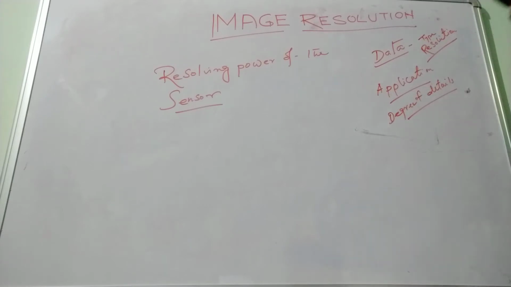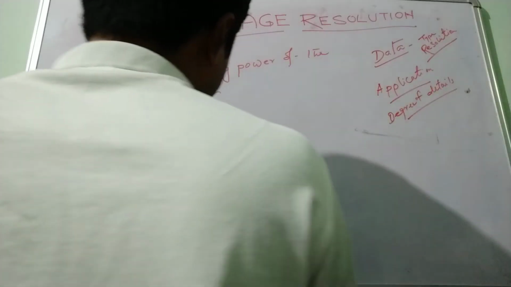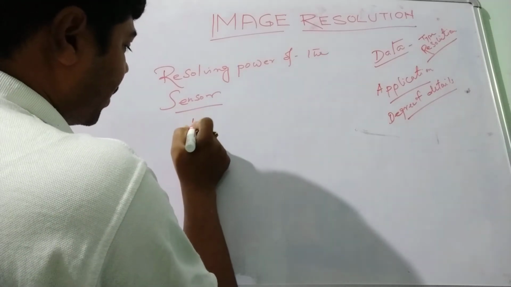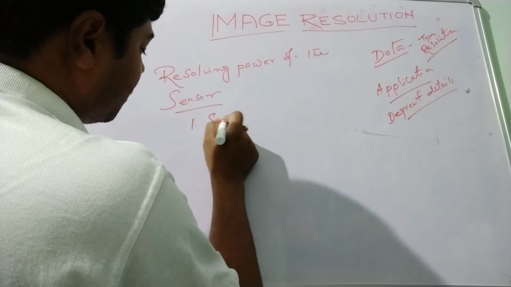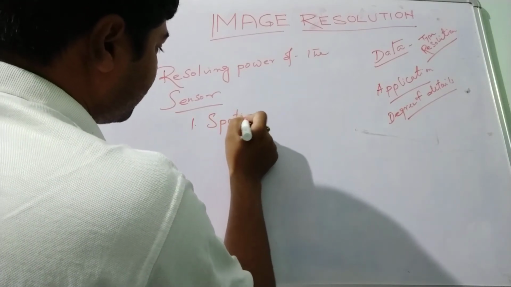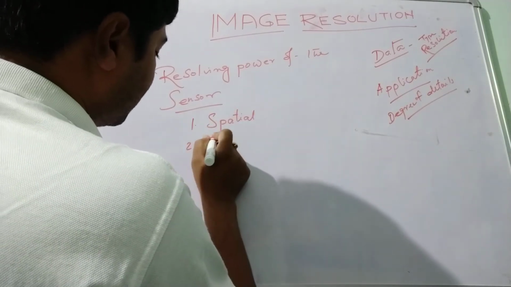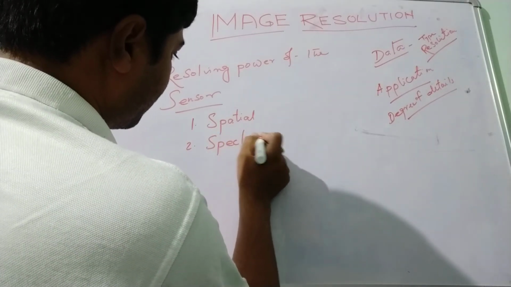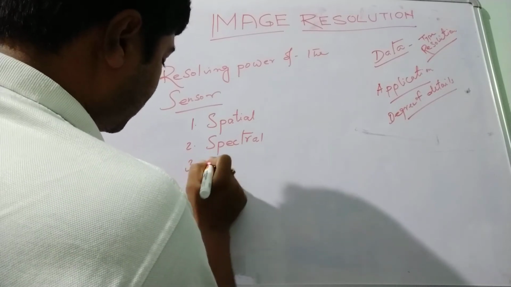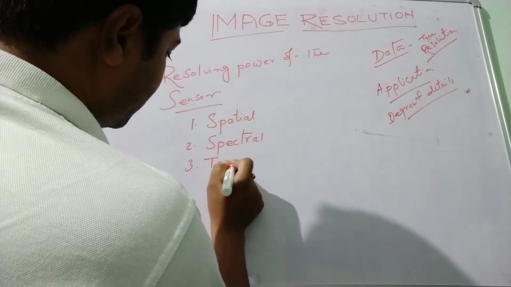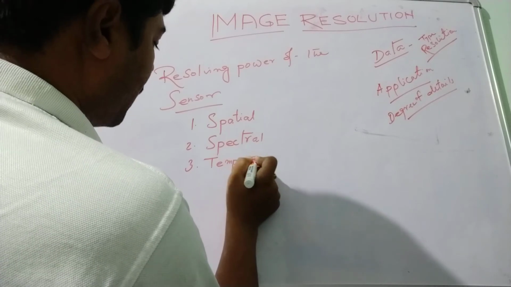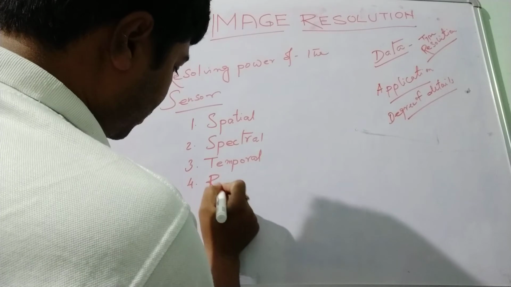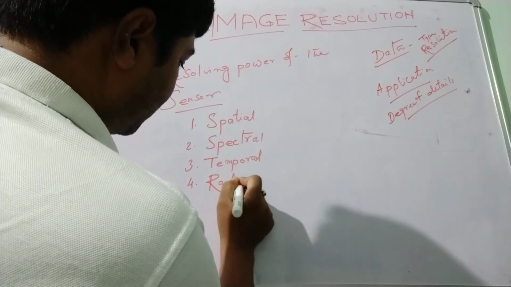So in remote sensing system there are specially 4 types of resolution data that have been used. One is the spatial resolution, second one is the spectral resolution, third one is temporal resolution, and fourth one is the radiometric resolution.